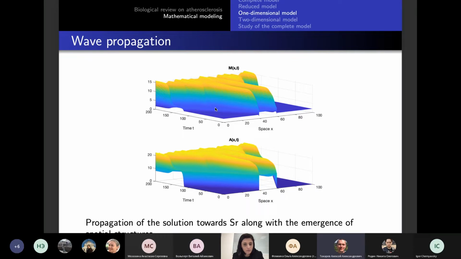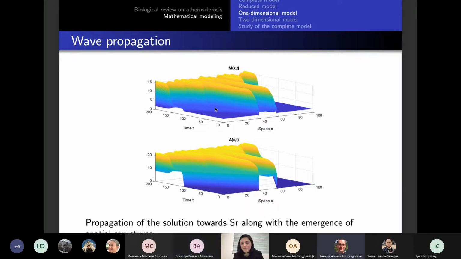And we see at least 4 oscillations from x equals 0 to 40. Something like that. Yes.